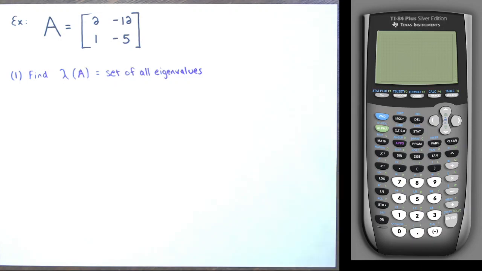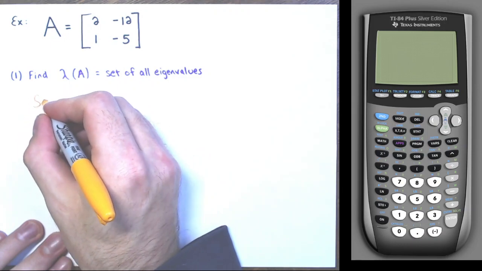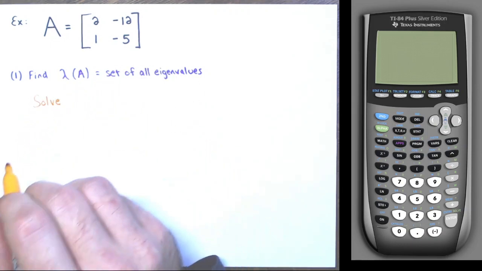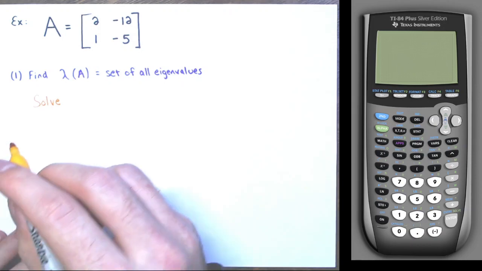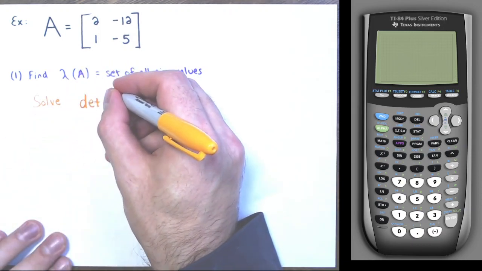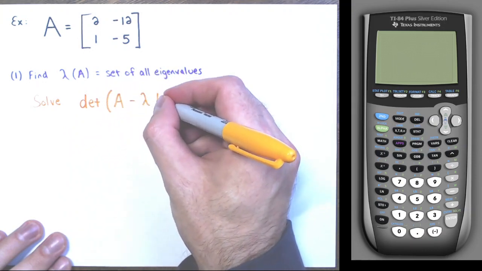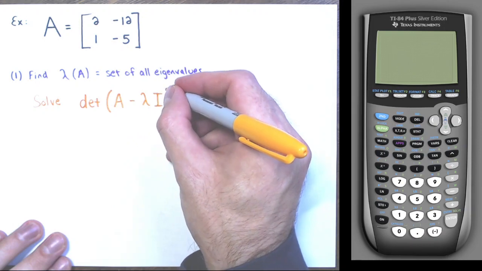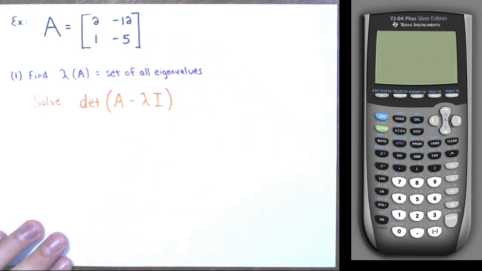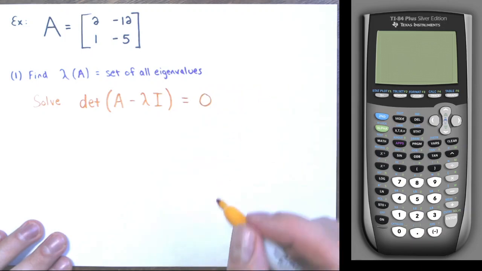And while I'm finding these eigenvalues, we'll come across the algebraic multiplicity of the eigenvalues for this matrix. So if I'm trying to find the eigenvalues of a matrix A, we're going to be solving what's called the characteristic equation. When is the determinant of A minus lambda I, where I is in this case a 2 by 2 identity matrix, equal to 0?